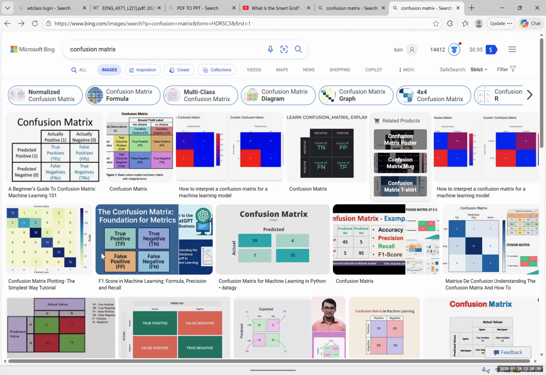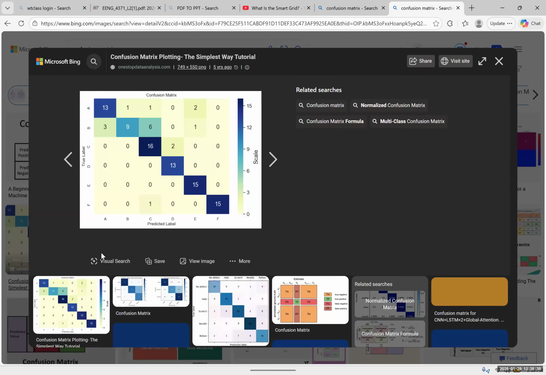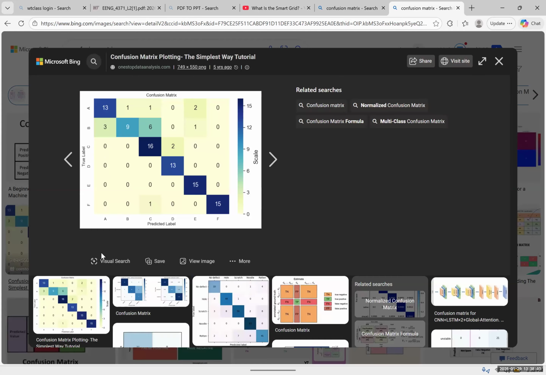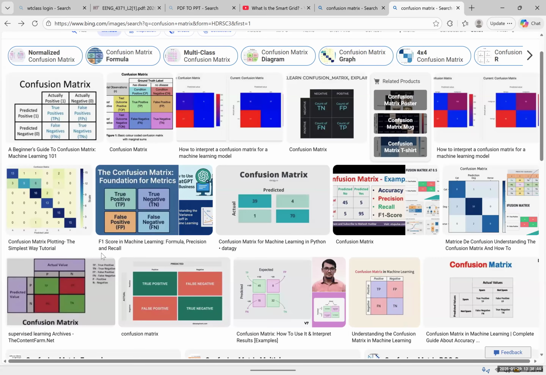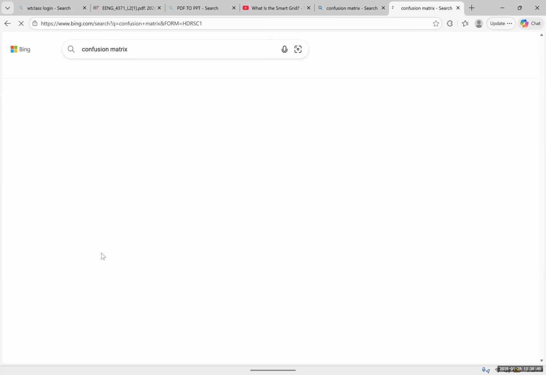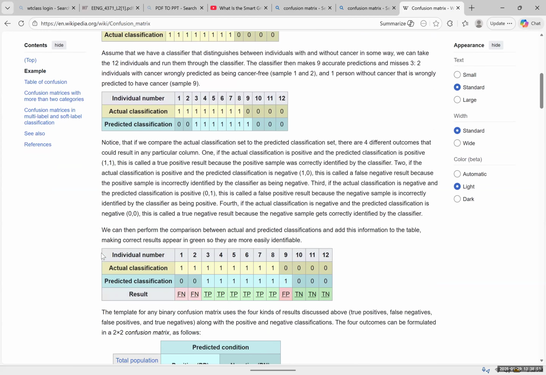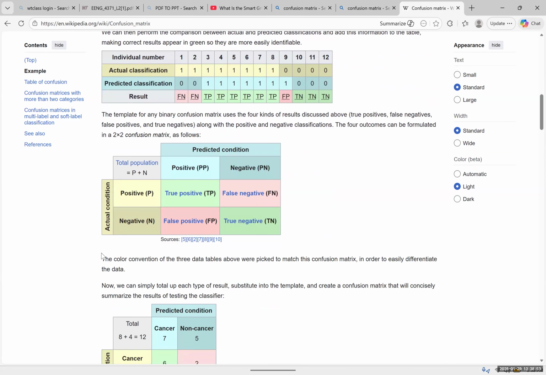So even the doctors, and you can see that it can get very complicated when you have a true positive situation. And if you go to Wikipedia, you can see the equations for specificity, sensitivity, and so on.